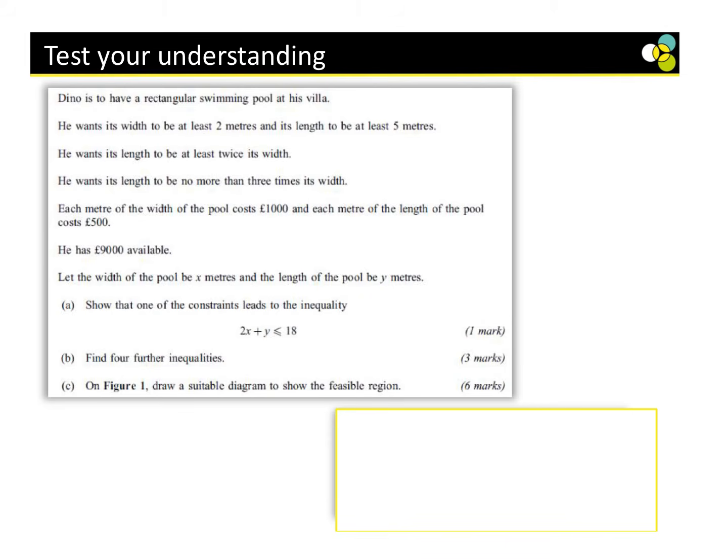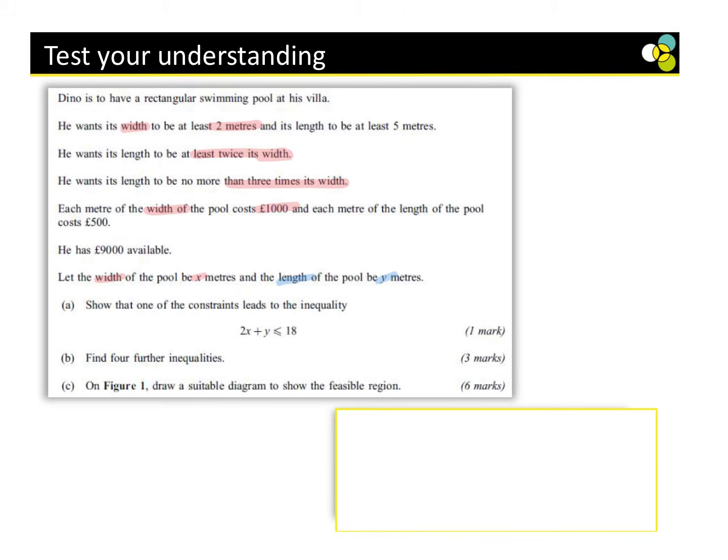Okay, so did I already read the whole question? Yeah, I did, didn't I? Okay, right, so let's think about what's going on here. Now, we know it already said about our X and Y. So width is X, length is Y. At least twice its width, 3 times its width.